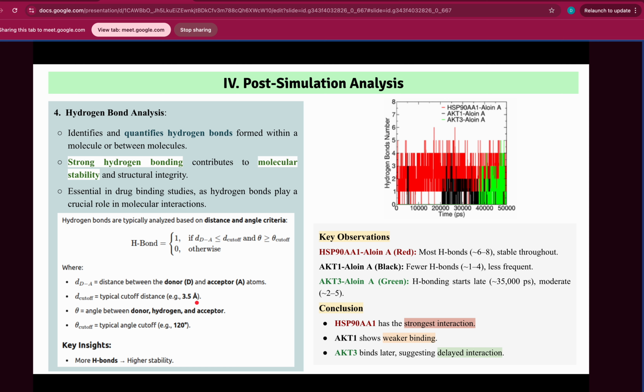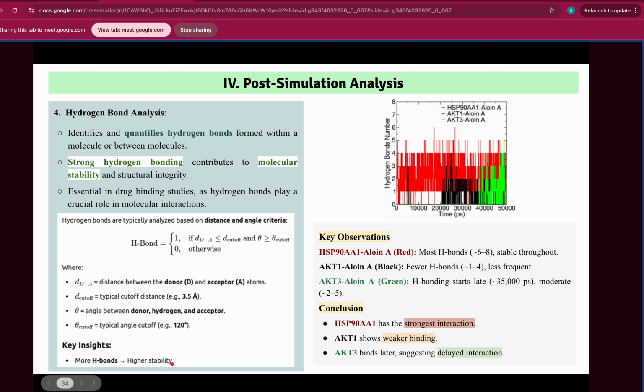If there is no hydrogen, then hydrogen bonding is not possible. You cannot find a hydrogen bonding interaction between two oxygens or two carbons. So hydrogen must be present. There must be one hydrogen bond donor and another hydrogen bond acceptor. So we calculate the angle. That cutoff angle is 120 degrees and the distance between those two should be 3.5 angstrom. If those conditions are satisfied, then you have the hydrogen bonding interactions present.